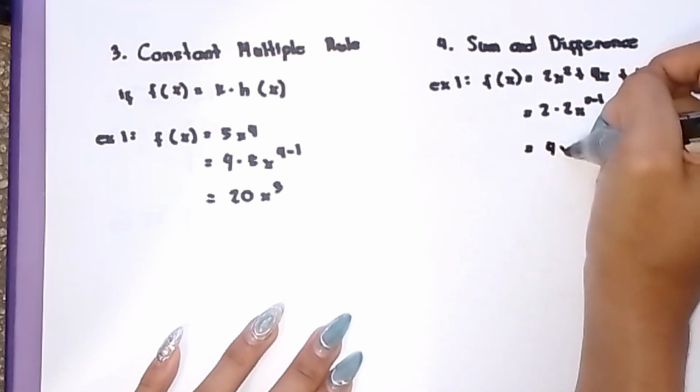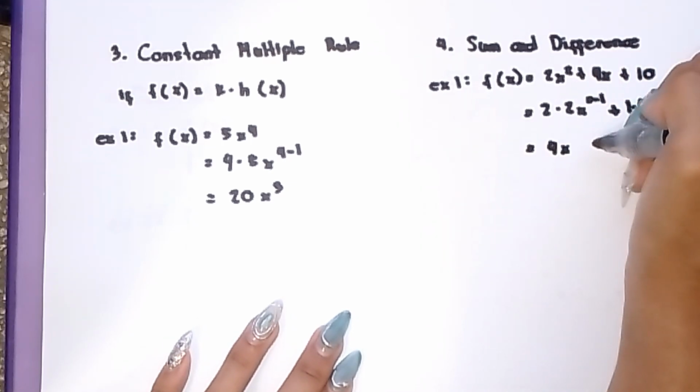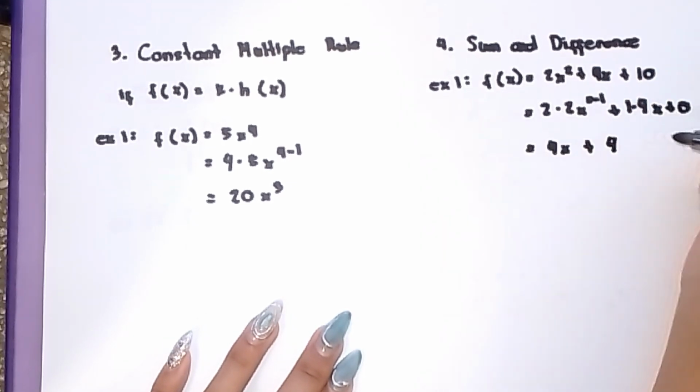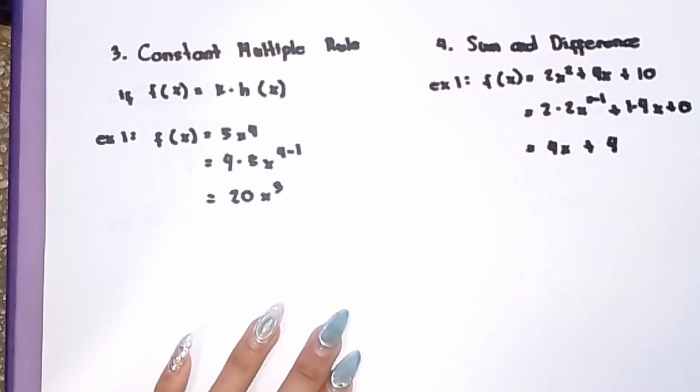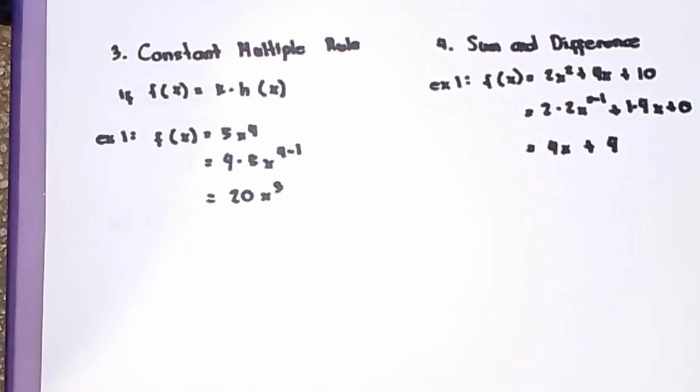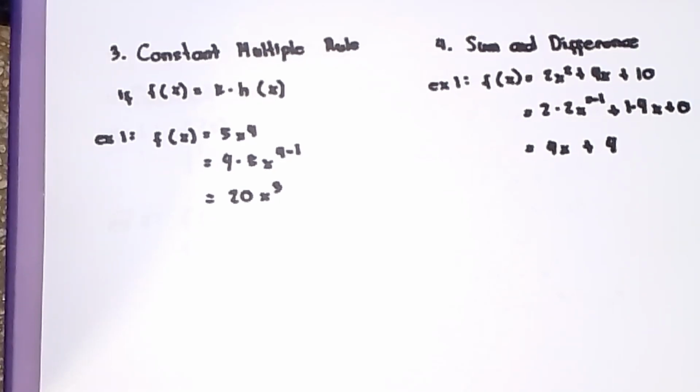So equals 2 times 2 equals 4, x raised to 2 minus 1 is equal to 1. So you don't need to put the 1 in there, plus 4. So your final answer is 4x plus 4.